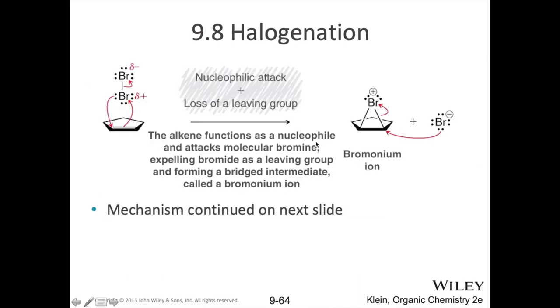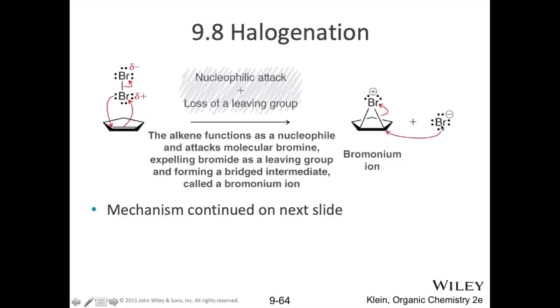We actually form a bromonium ion. And I say we've seen this before, not with bromine, but with mercury and boron. We've seen this sort of bridged intermediate where this bromine is essentially blocking off one side of our carbocation.